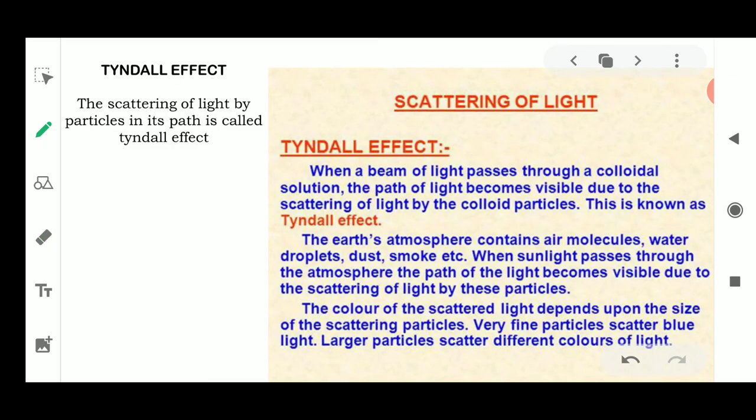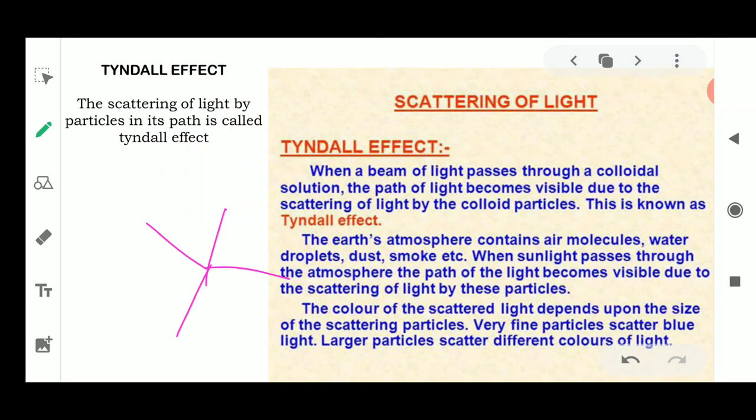Now this scattering of light is also known as the Tyndall effect when it is taking place in a certain direction. Scattering, I told you, is going to move in various directions, but once the light ray is passing, it is going to scatter in different directions.